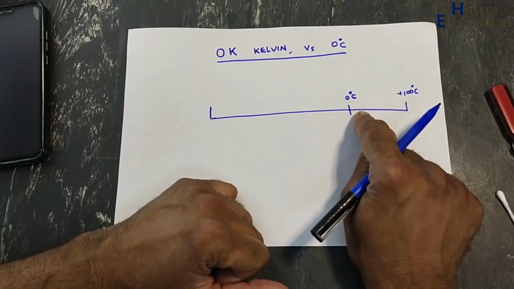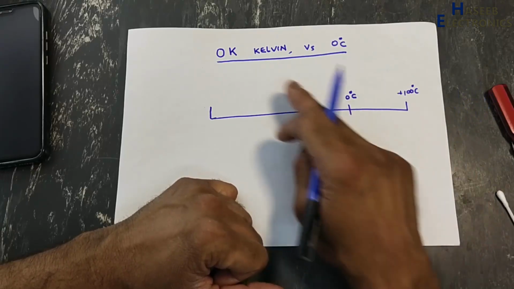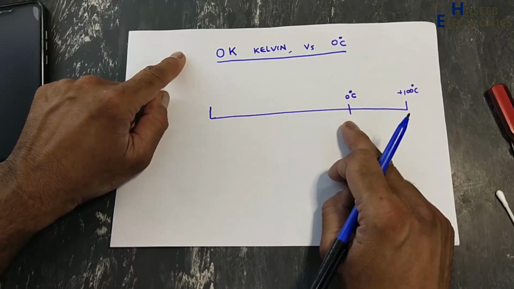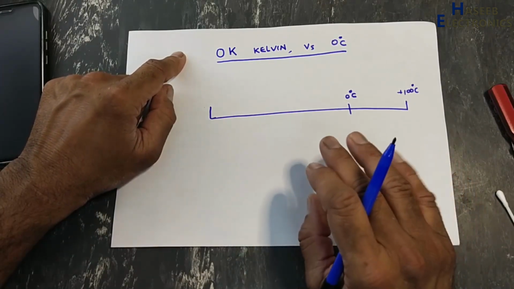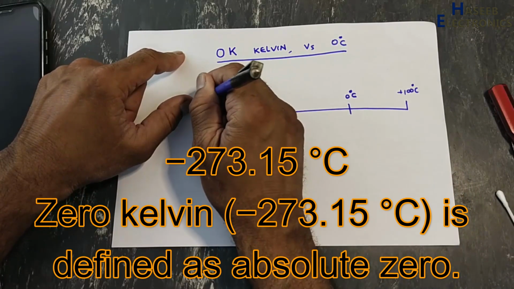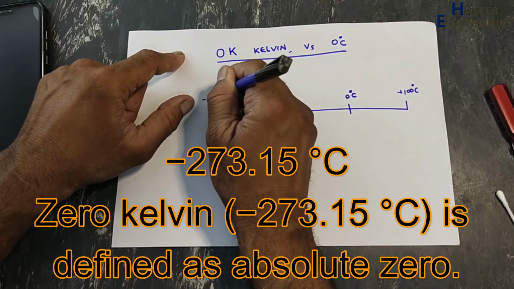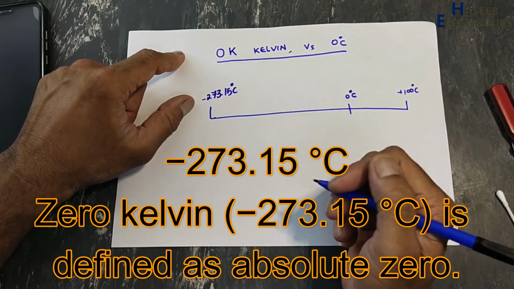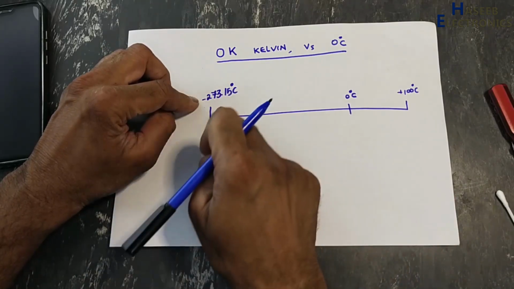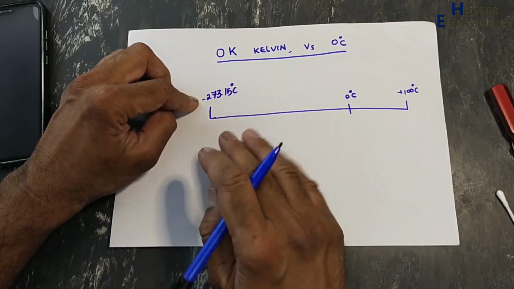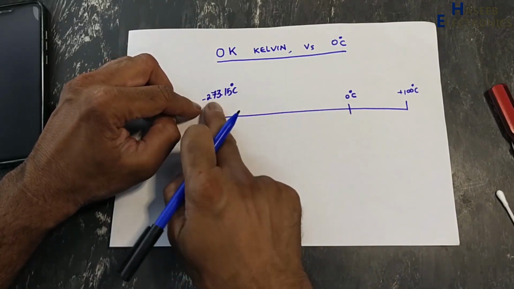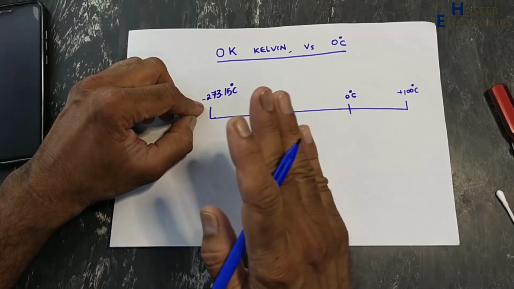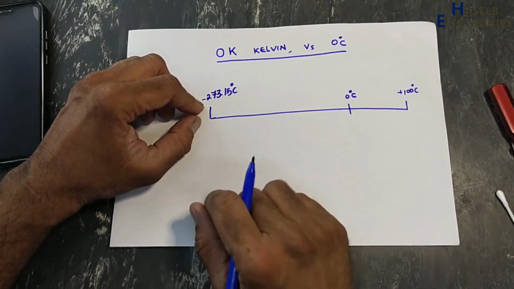This is one scale. When we say Kelvin, that is absolute temperature. That is the lowest possible temperature, minus 273.15 degrees centigrade. When we cool any body to this level, it will stop dissipating heat energy.